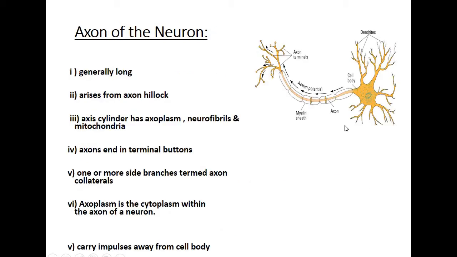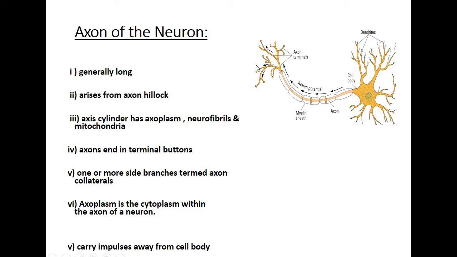While the longer process, which arises from the axon hillock, consists of an axis cylinder. It has axoplasm and mitochondria, and the axons end in a dilated part which is called the axon buttons or the axon terminals.